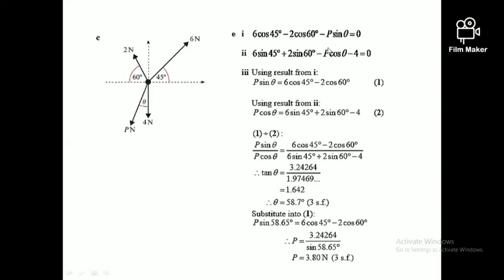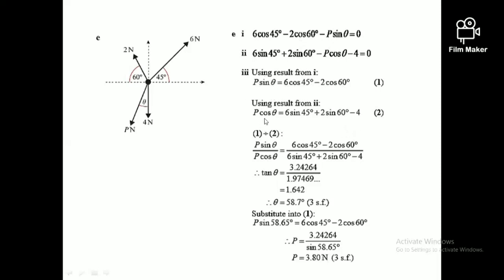P sin theta equals 6 cos 45 minus 2 cos 60. P cos theta equals 6 sin 45 plus 2 sin 60 minus 4. Then you can divide the first equation by the second equation.